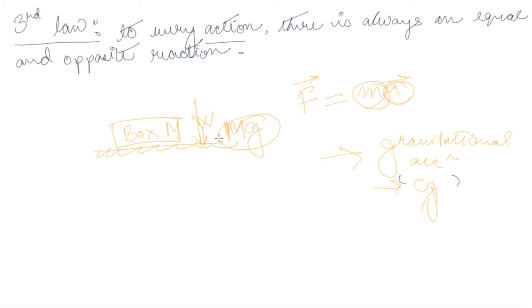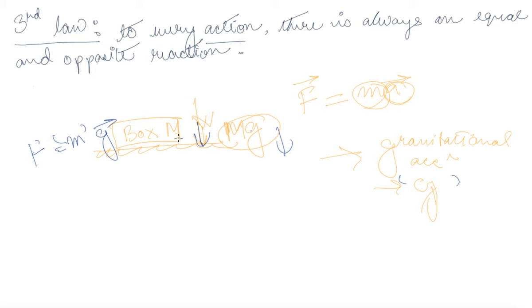This g is due to the gravity of earth. So any object on the surface of the earth will have a g acceleration, and the force given by that object is F equals m g, where the mass can be anything.